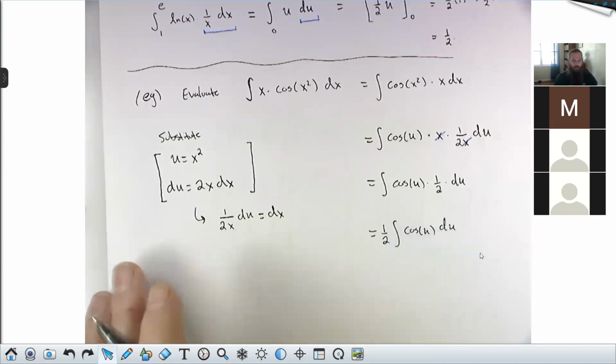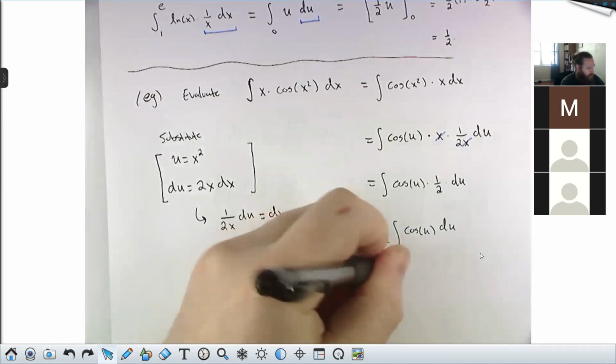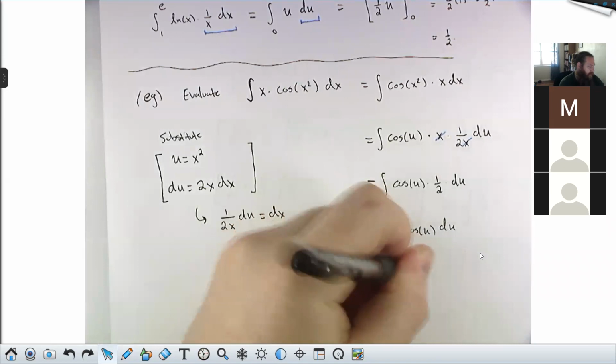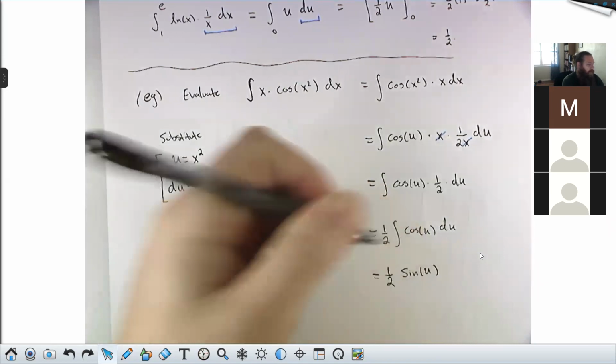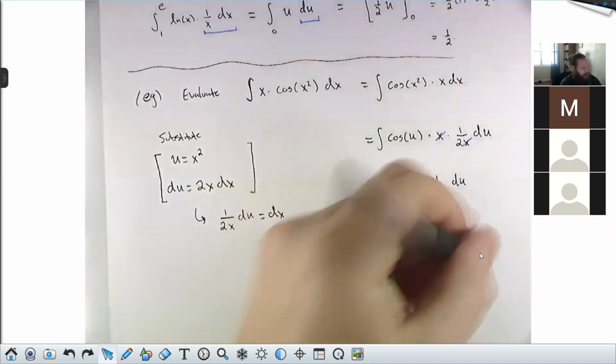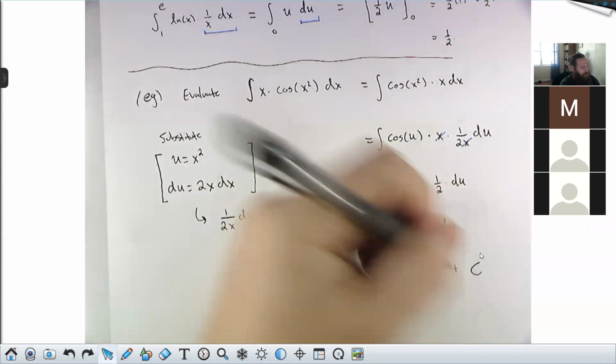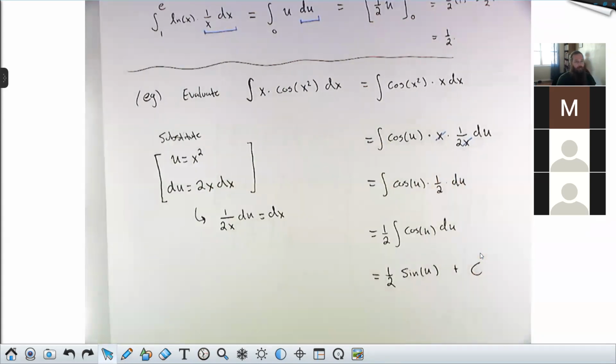Who differentiates to cos u? What is an antiderivative for cos u? Sine. Sine of what? u. Good. So I get 1/2 sine of u. And since this is an indefinite integral, I slap on my plus c. Remember, infinite family of functions.